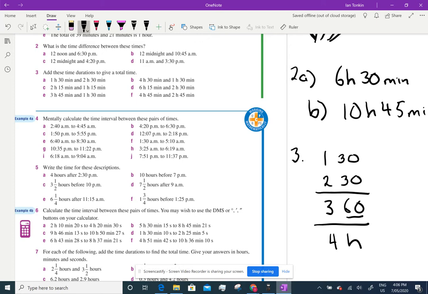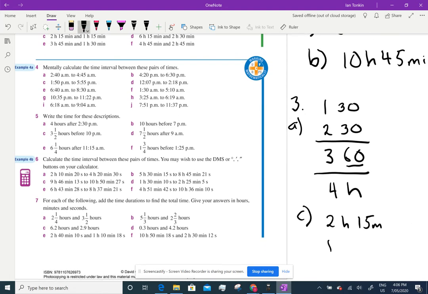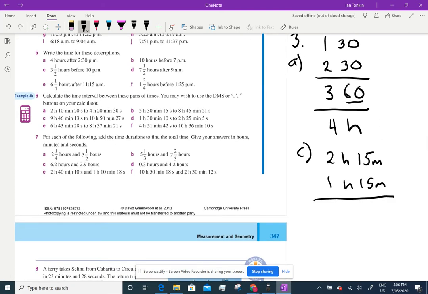All right? So think about that for a moment. You have a go at B. I'm going to do C. It's a bit easier. 2 hours and 15 minutes plus 1 hour and 15 minutes. Well, 15 plus 15 is 30 minutes, and 2 hours plus 1 hour, so 3 hours and 30 minutes.